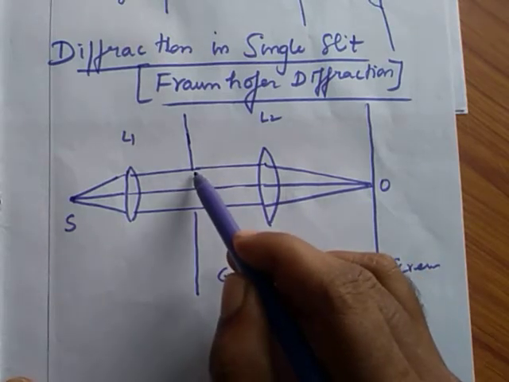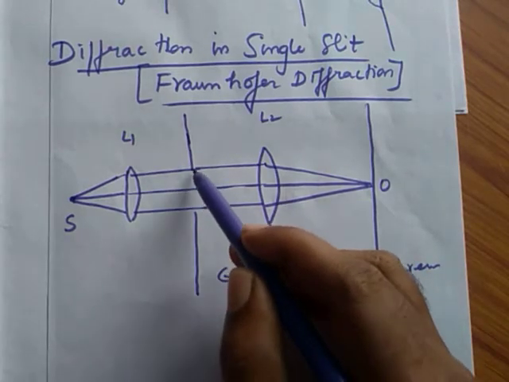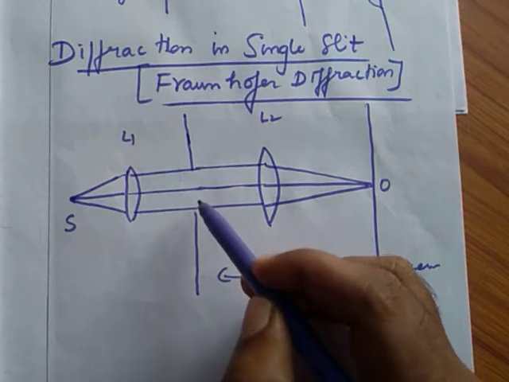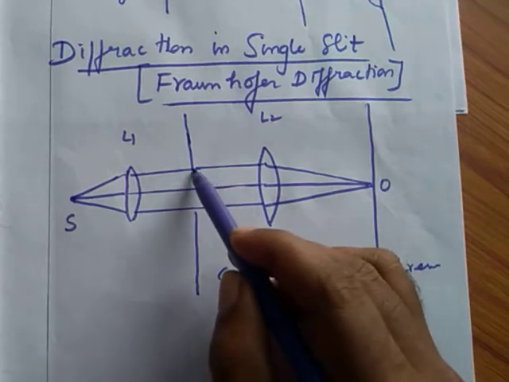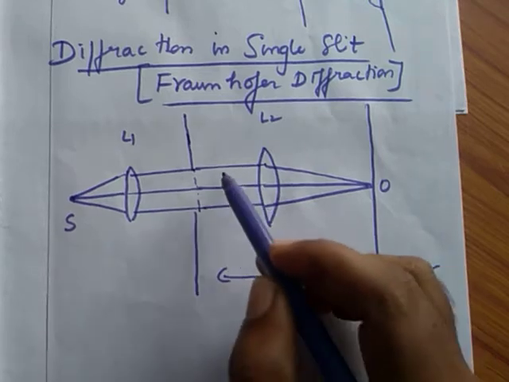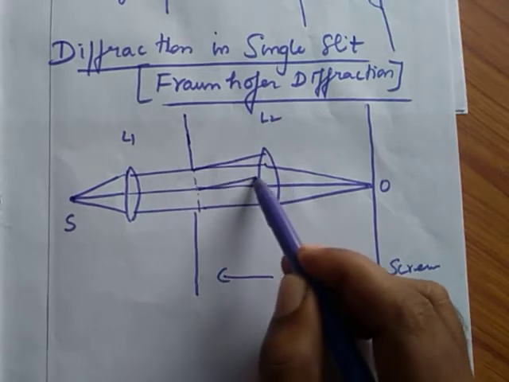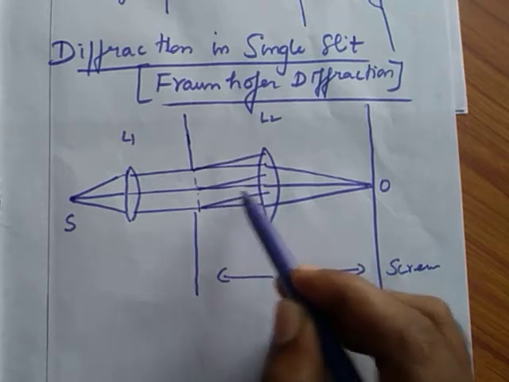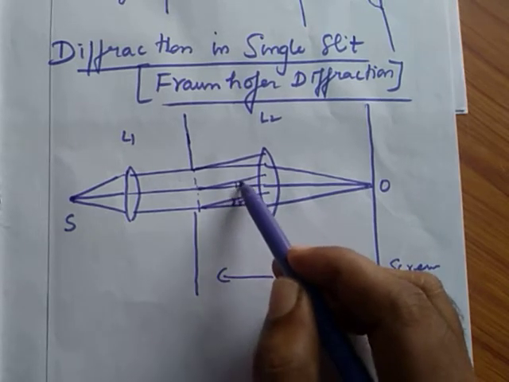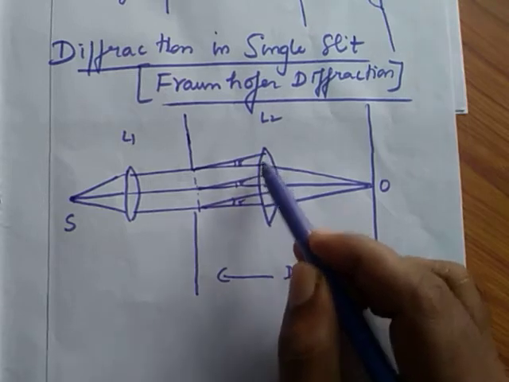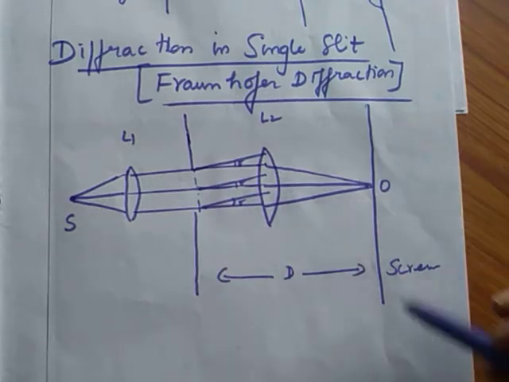According to Huygens principle, all the points on the wavefront behave as a source for secondary wavelets. Here I consider a wavefront, then I draw waves at an angle theta with the perpendicular line drawn to the screen.